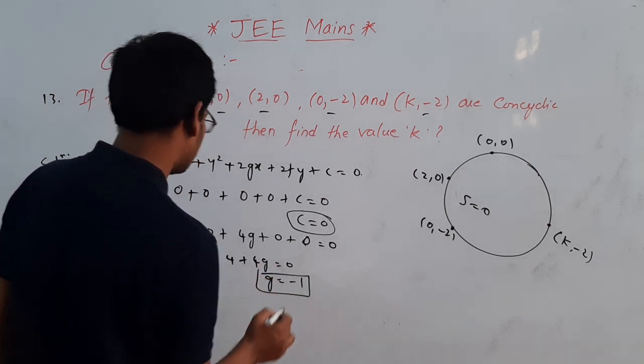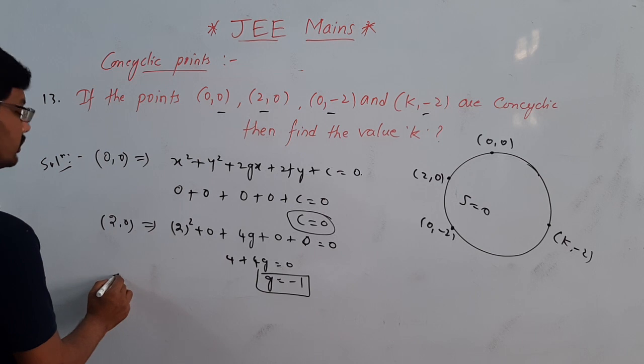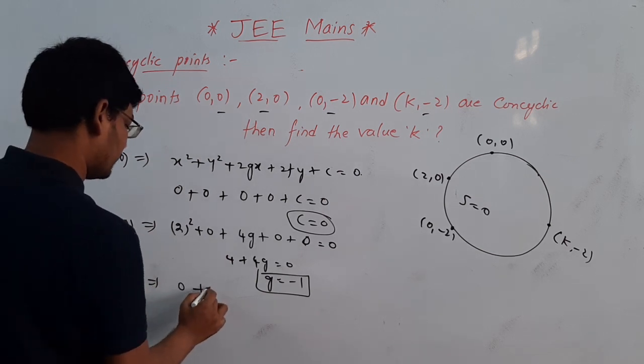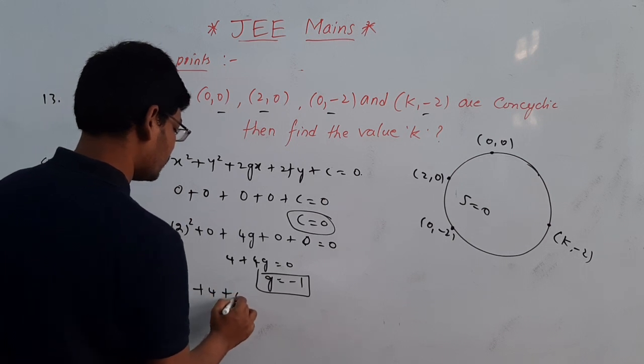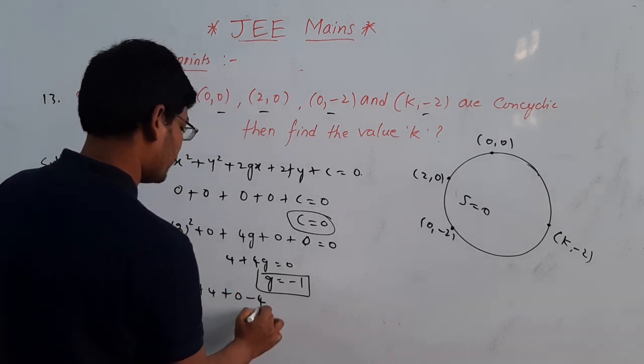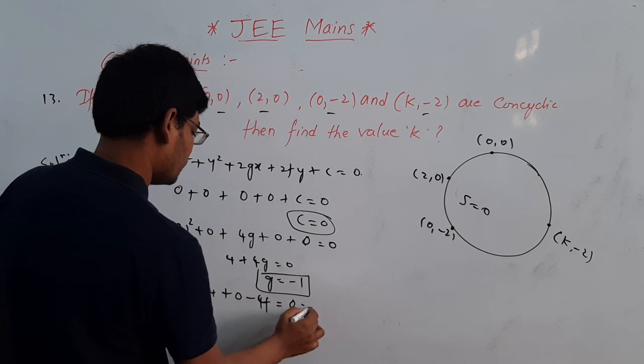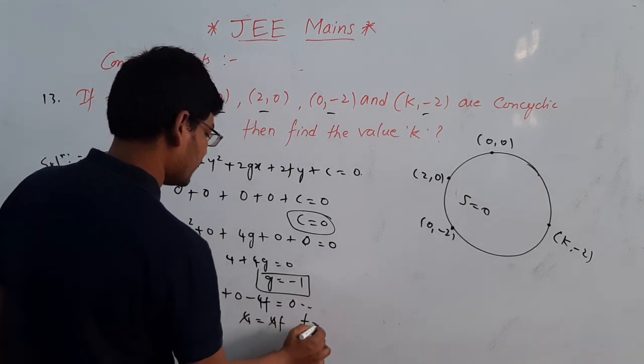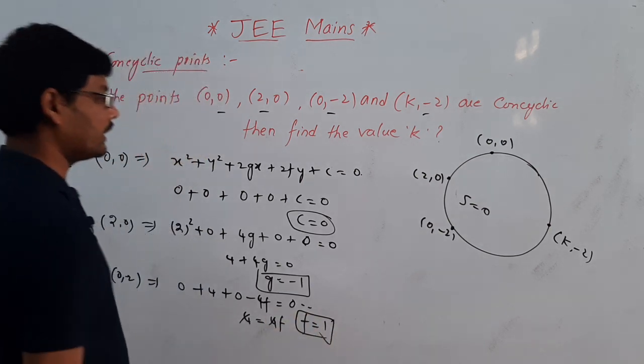From the point 0 comma minus 2, if we substitute, 0 plus 4, 0 minus 4f is equal to 0. From this equation 4 is equal to 4f, so f is equal to 1.